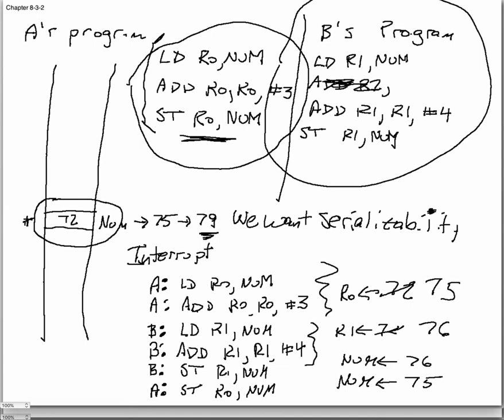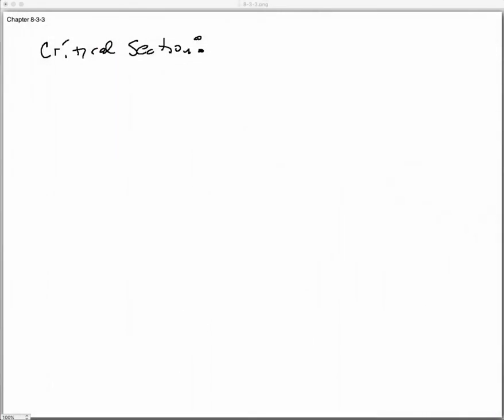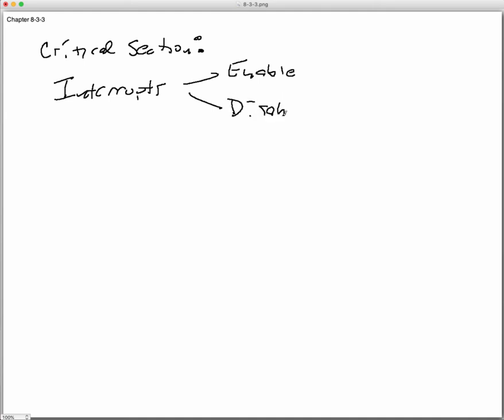So the idea here is that you have interrupts, you can enable them or you can disable them. And you disable interrupts to enter critical sections.